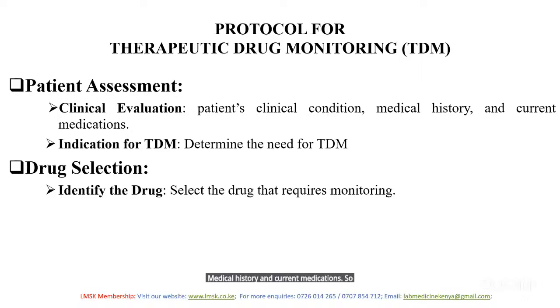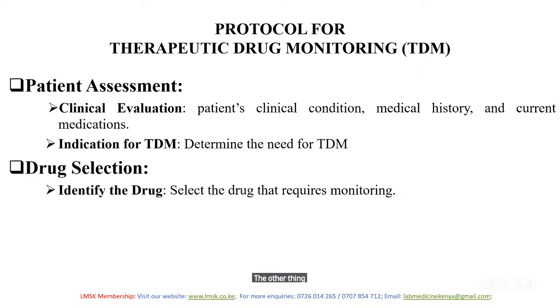So that before you make a request, you have that information in mind so that you know which drug to request and whether one drug might be interfering with the other one. Number 2, you check whether the patient has indications of TDM that we mentioned earlier. And if there's need, then you can go ahead and do TDM.